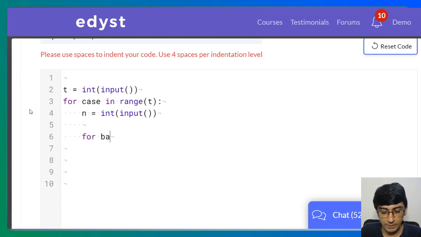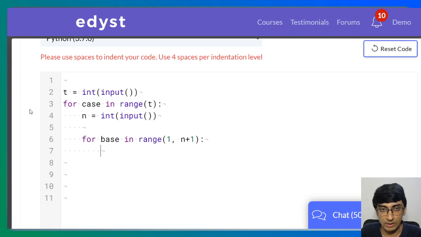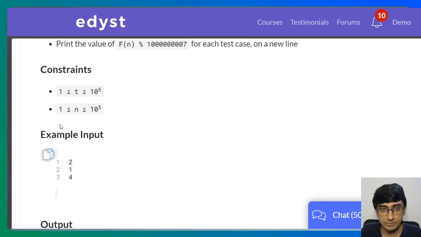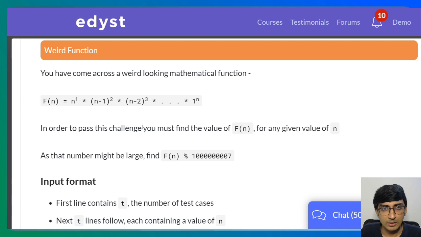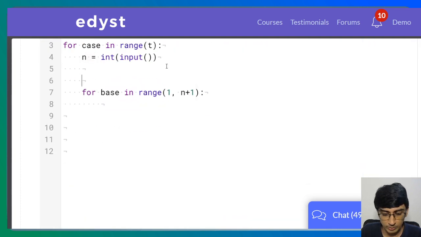So for base in range, your base is going from 1 up until n, so I'll do n plus 1 over here. 1 we raise to n, 2 we raise to n minus 1, 3 we raise to n minus 2, and so on. If you look at it here, this will be n, so the one previous to it will be n minus 1, and so on. So let's initially take the exponent to be n.